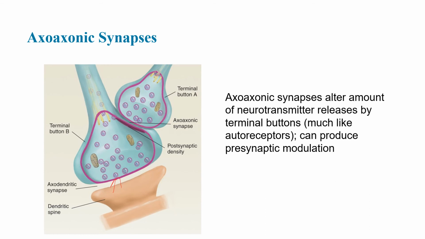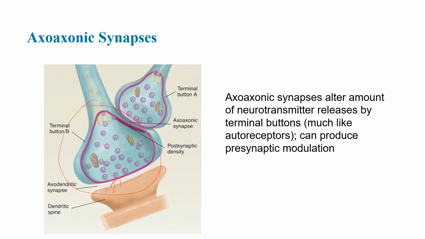So yes, you've got a postsynaptic here. The same terminal bud here has both presynaptic and postsynaptic. It's got postsynaptic to the axoaxonic synapse, meaning you've got a terminal touching the side or the top of this terminal. But what it's going to actually do is create presynaptic modulation.